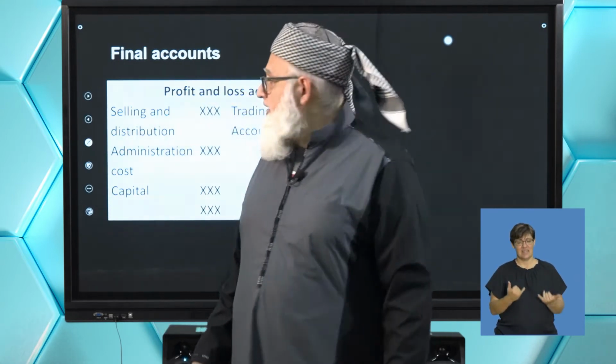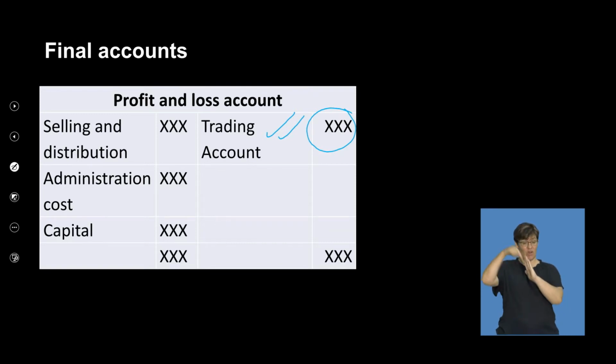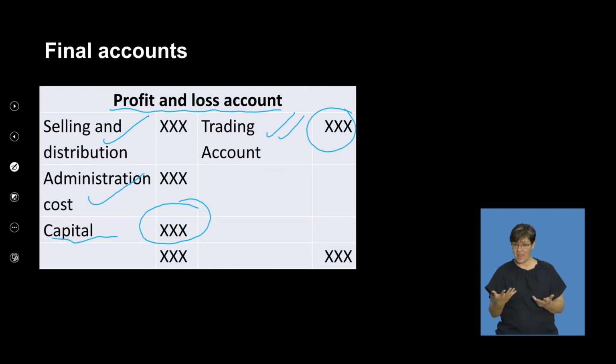Clear? Okay, so in this case here now, in my profit and loss account, I've got my selling and distribution and my admin cost, and the difference would be my net profit, which I transfer into my capital account.